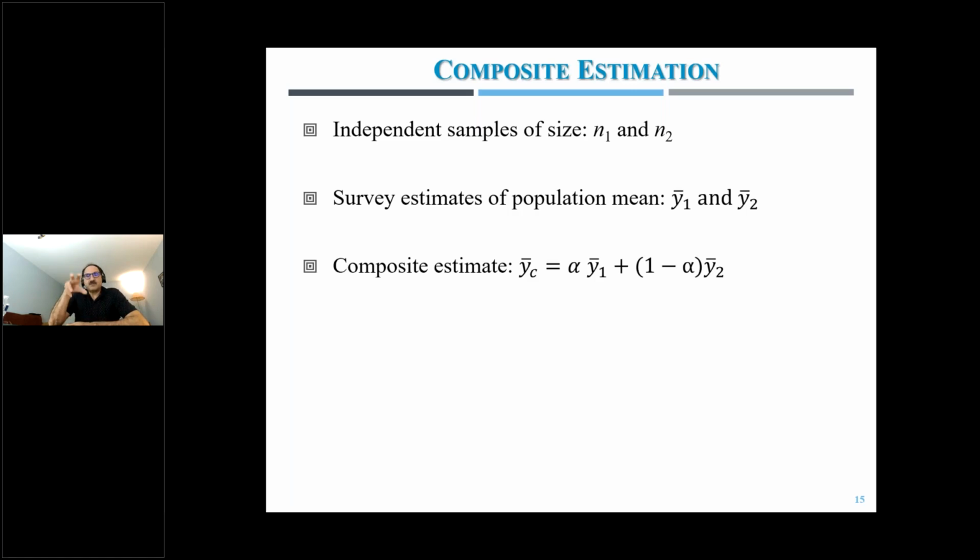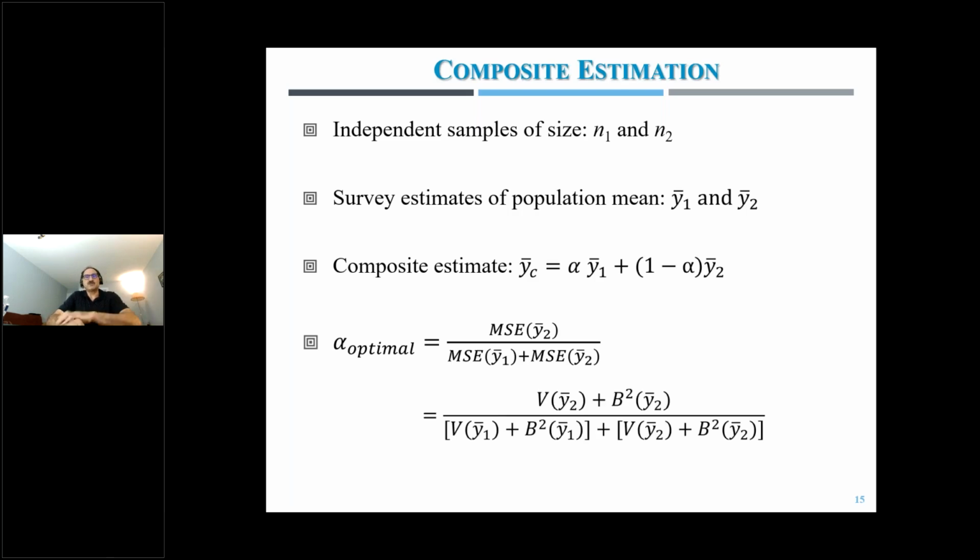So here we are taking a chunk of Y bar 1 and the complement is coming from Y bar 2, and without getting into a lot of mathematical niceties, it can be shown that the optimal value of this composition factor is going to be a function of the mean squared errors of these point estimates. What is mean squared error? Just to refresh, it's basically the variance of the point estimate plus the square of its bias. So this is the basic tool that we have at our disposal for blending samples together.